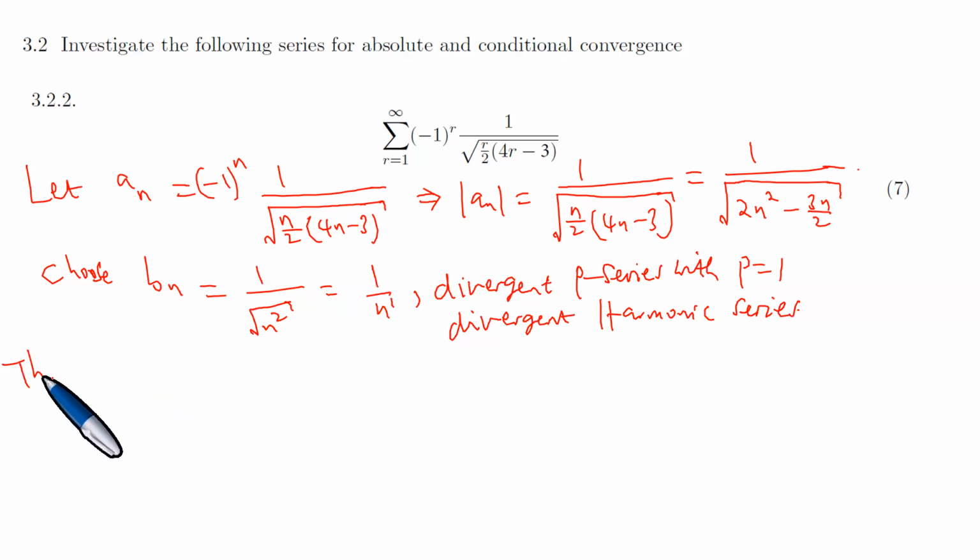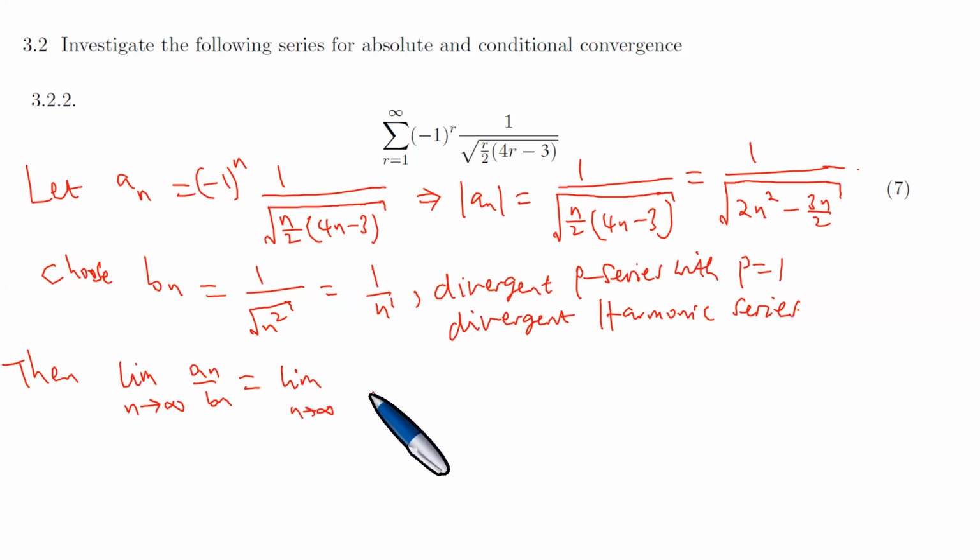Then the limit as n approaches infinity of a_n over b_n. Right, what is a_n? It's 1 over the square root of 2n squared minus 3n over 2.